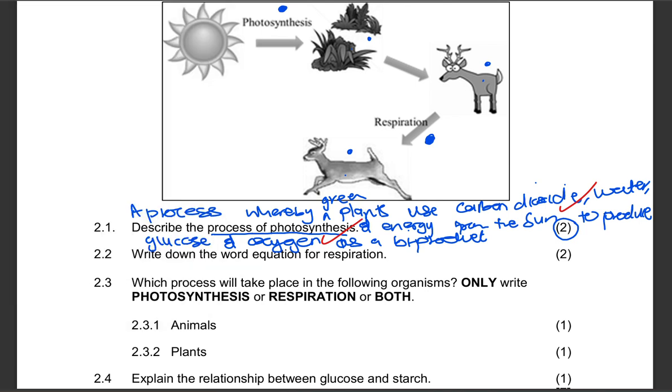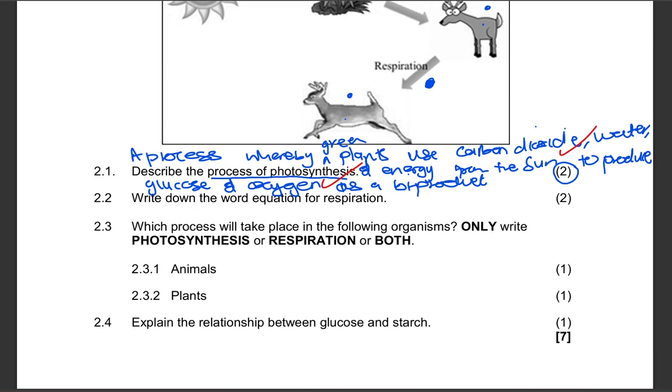Okay. Then write down the word equation for respiration, which is cellular respiration. So remember, in the equation, you start by writing the reactants, which is our requirements. Then you write down your arrow. After the arrow, write down your products. So the requirements for cellular respiration is glucose plus oxygen, and they said word equation.